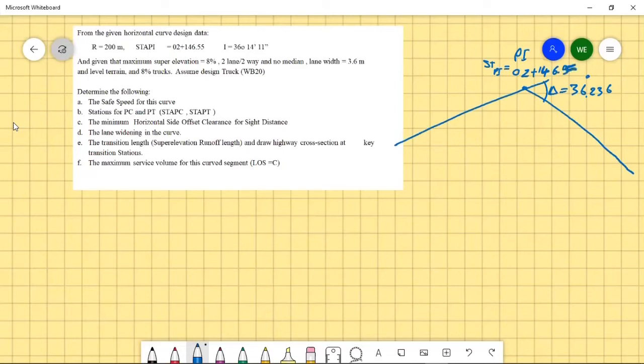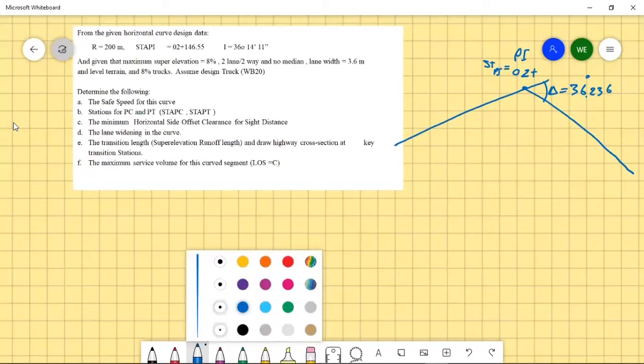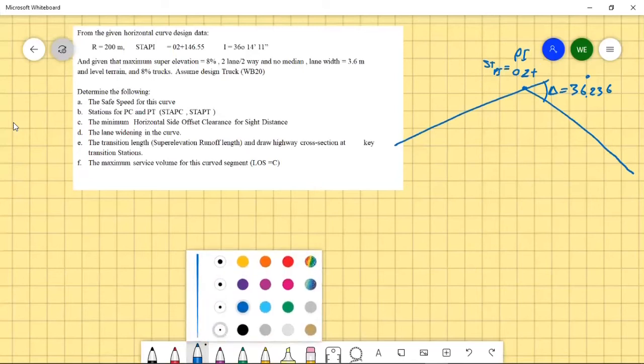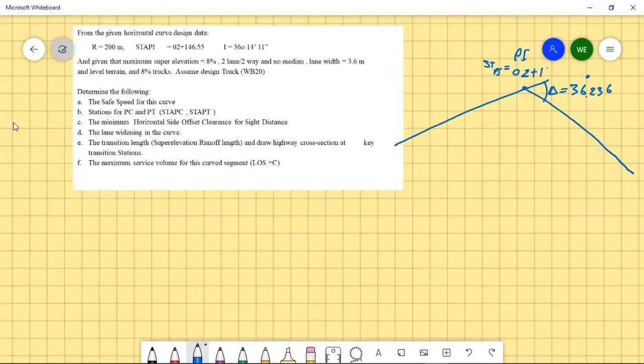Oops. There is a problem apparently here. So this is 1, 4, 6.55.